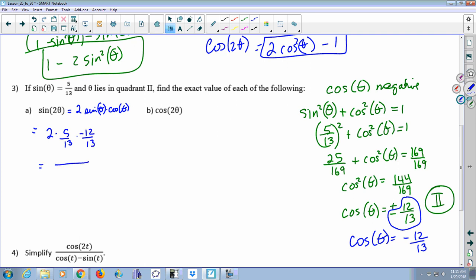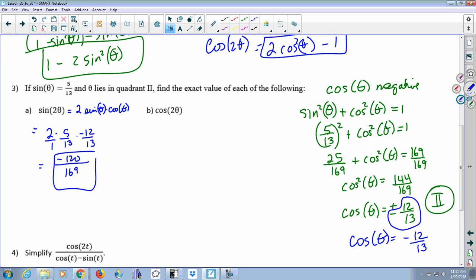So my denominator is 169, and my numerator is negative 120 over 169. Done. I don't think that can be reduced, at least with my little divisibility rules I'm doing in my head. Any questions on that? Okay, why don't you try the next one at your seat?